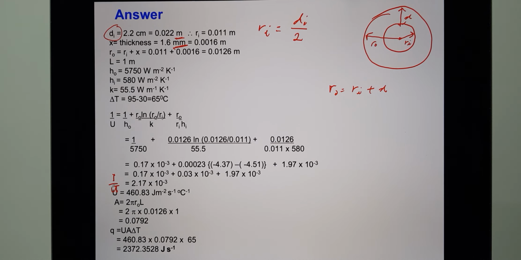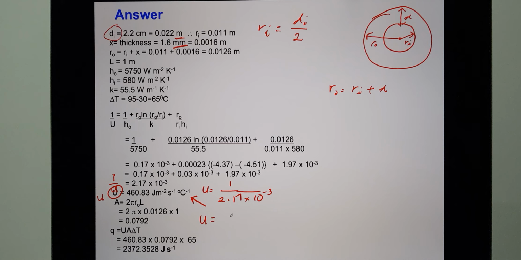But you need to calculate for U. So how are you going to calculate? U equals 1 over 2.17 times 10 to the power of negative 3.